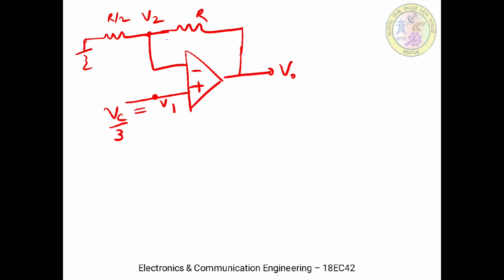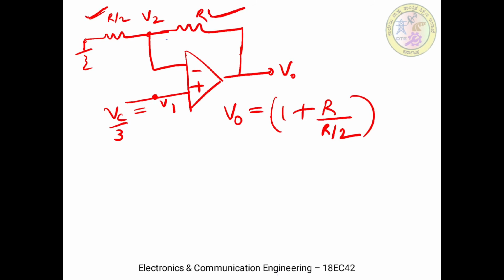Now V0 will be equal to 1 plus feedback resistor RF divided by the resistor here, but here the feedback resistor value is also R only, that is R divided by R by 2, this into V1.